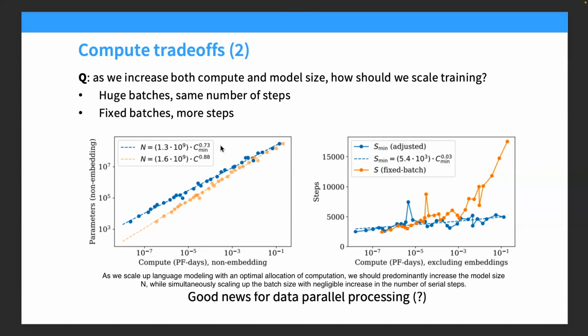this blue line tells the optimal model size given the compute. People said the first priority is always to increase your model size. If you have more compute power, and again it depends on the data size, you have that optimal model size given the data size.